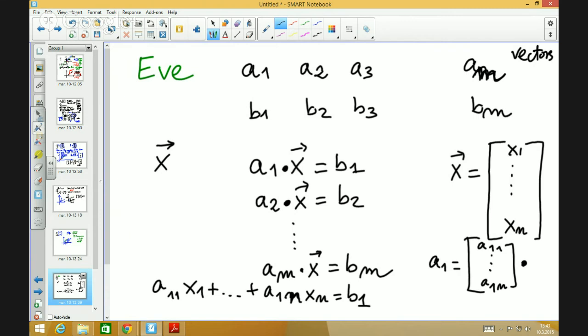Now, if you are the computer and the designer of the protocol, I think there is one thing that you want to ensure. Because you are the guy who sends out the challenge vectors, A1, A2, AM, sorry.